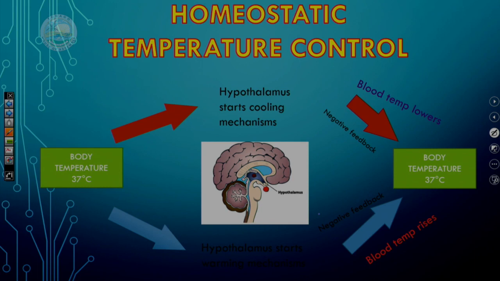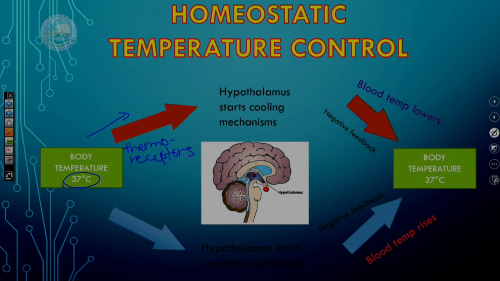Your normal body temperature is around, on average, 37 degrees Celsius. If your temperature increases beyond that, you need to have a way of detecting that is happening. So we have thermoreceptors in your skin, which are going to detect any increase in temperature, whether internally or externally.